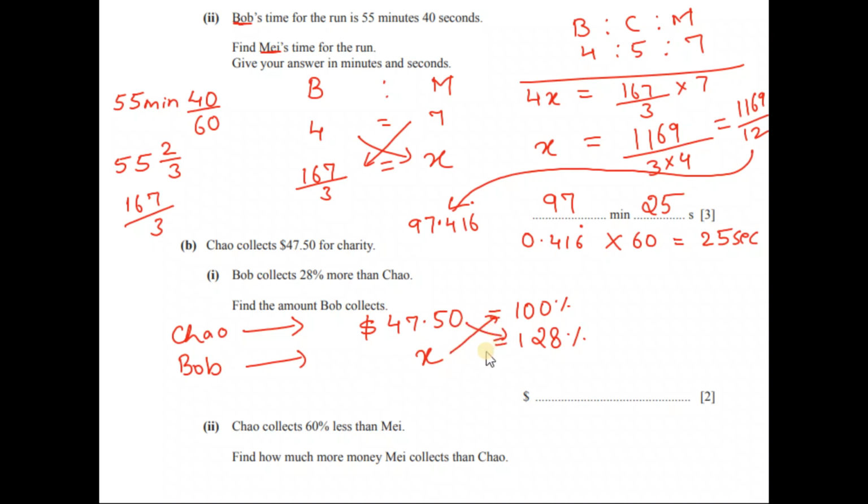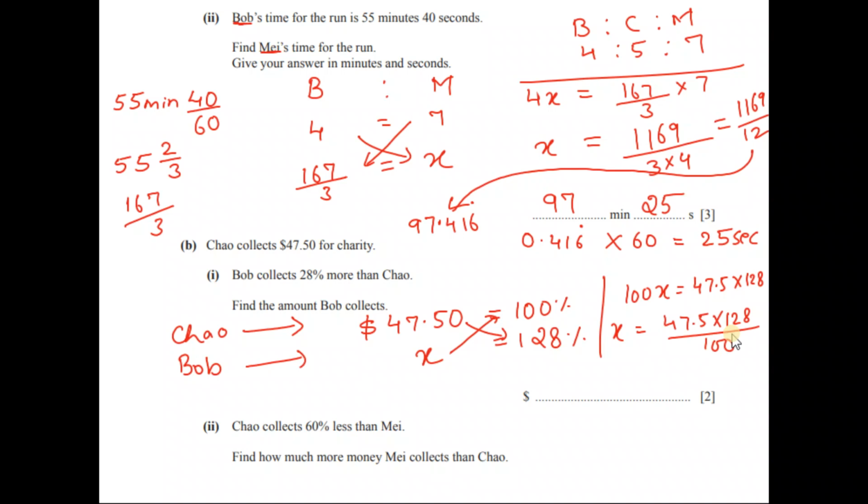Then again, you have to keep x because that's the value you are finding. When you do cross multiplication, you get 100x is equal to 47.5 times 128, and x is equal to 47.5 times 128 divided by 100.